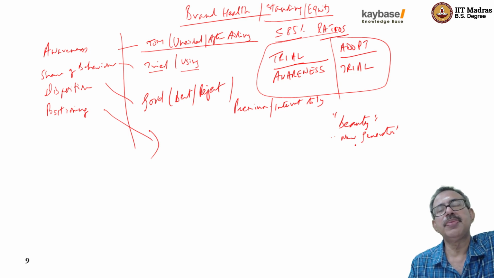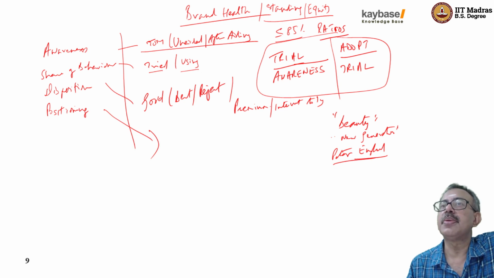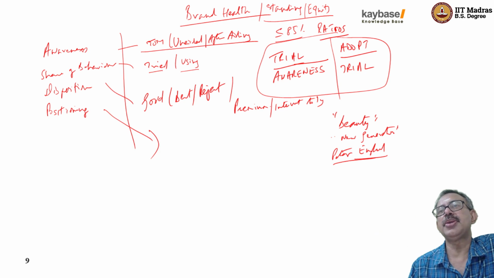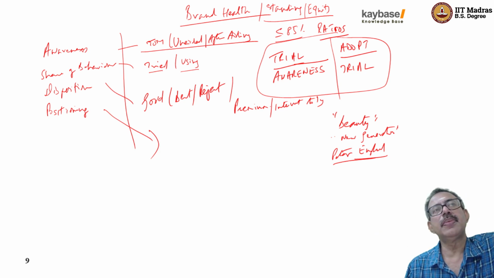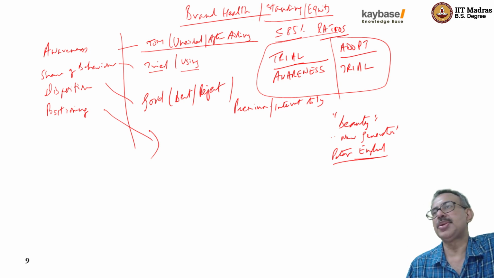Right? That's a position that they've taken. Sorry, innovation. Right? Some people will say, have you heard of a brand called Peter England? Peter England is a value for money position. It is a good quality ready-made brand, but not as expensive as Arrow or Van Heusen. Right? So it's a value for money position.